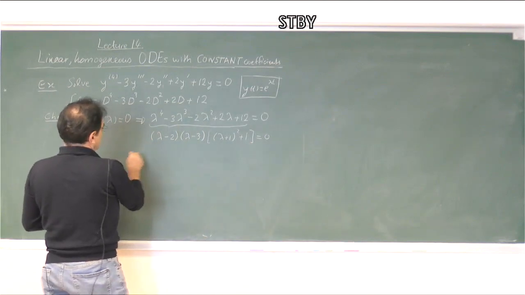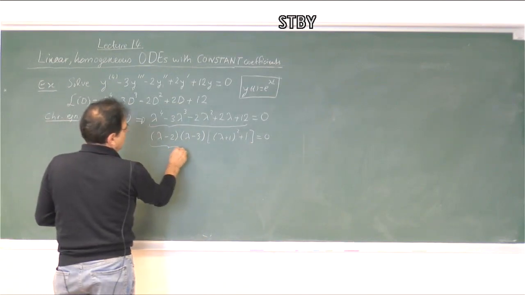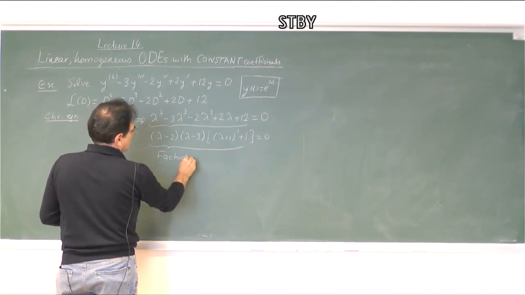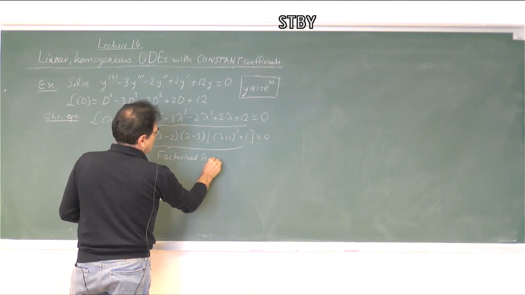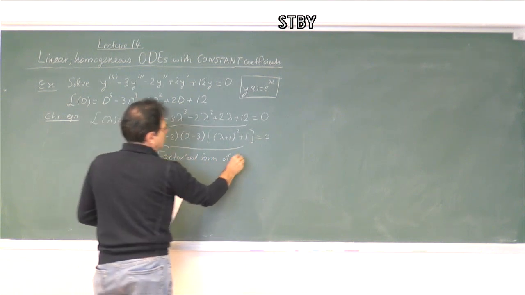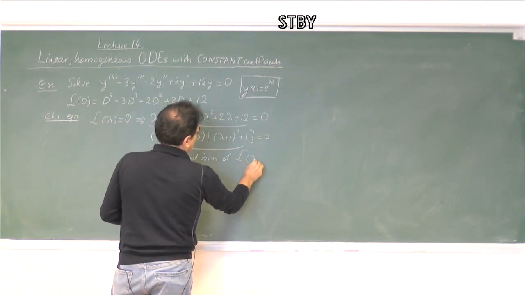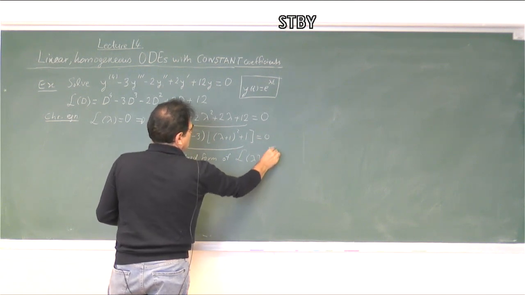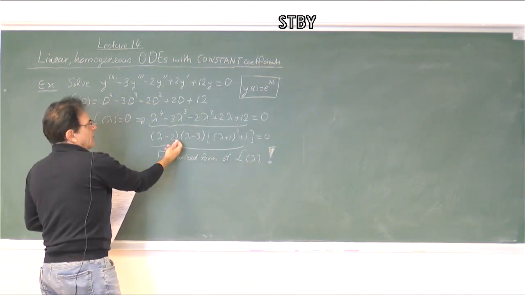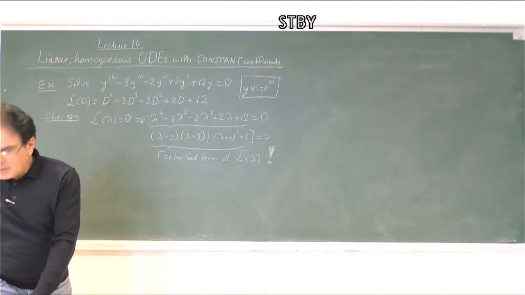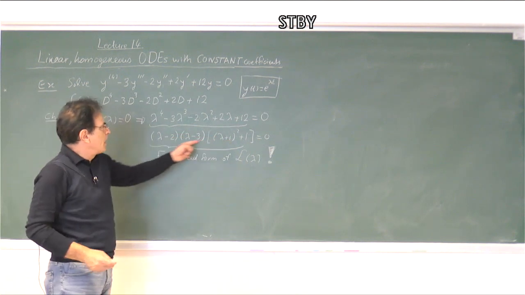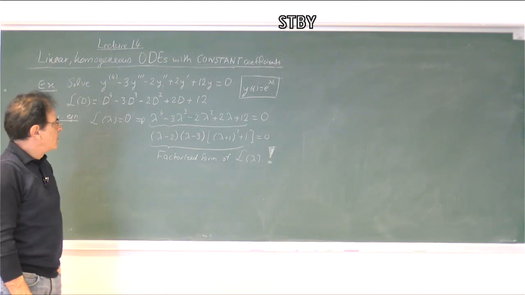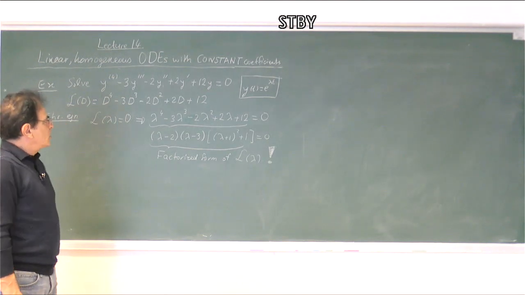So this is the factorized form of the characteristic polynomial L of lambda. Be careful, you may verify that the product indeed gives us the characteristic polynomial.